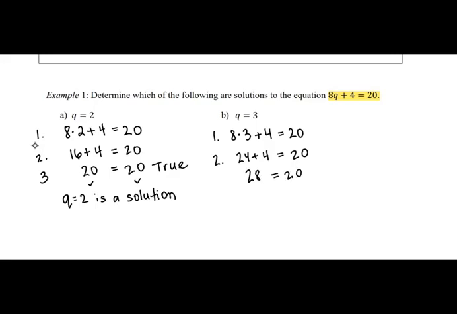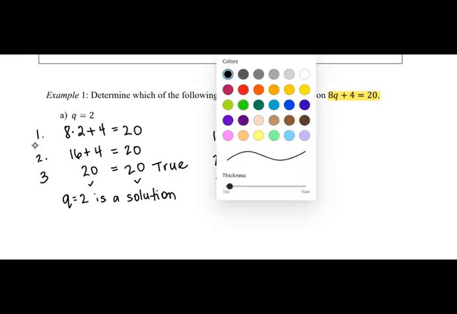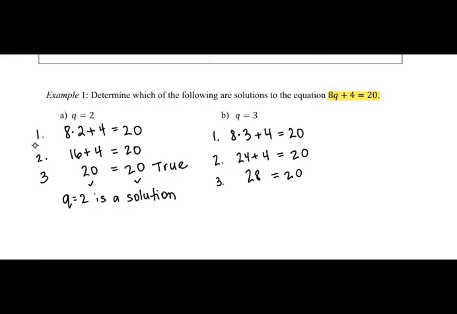Once I simplify both sides, this is my step number 3, where I get to make the decision. What I do know is that 28 is not equal to 20, so that means it is a false statement. And then I can write my answer as q equals 3 is not a solution.